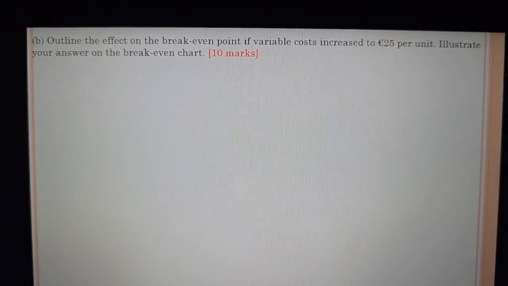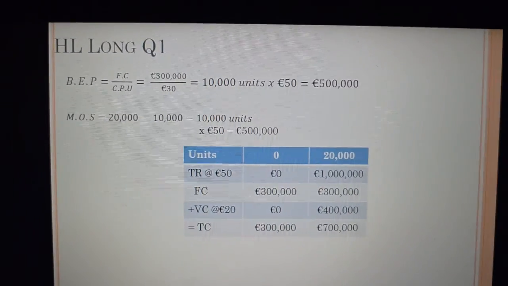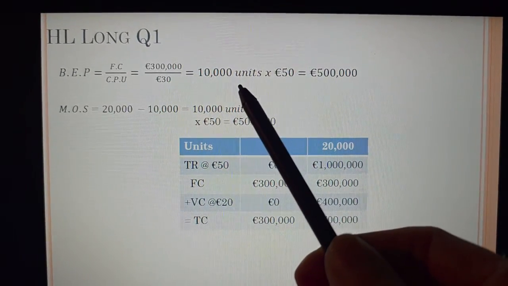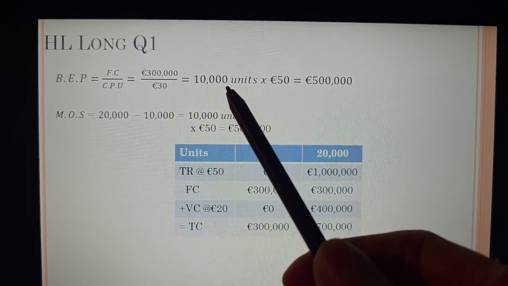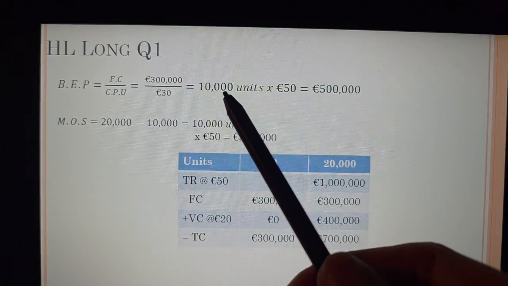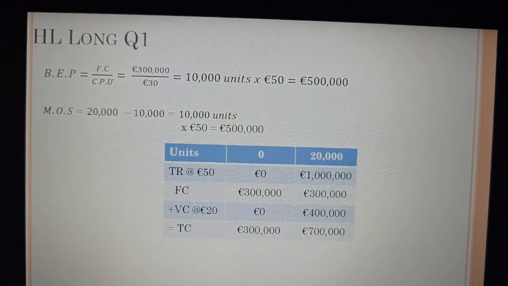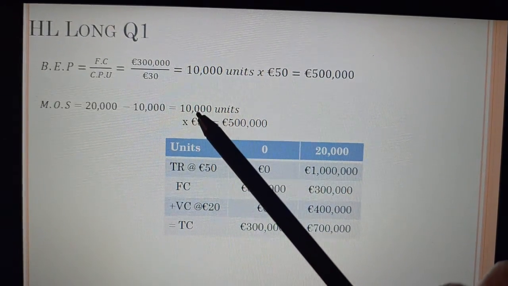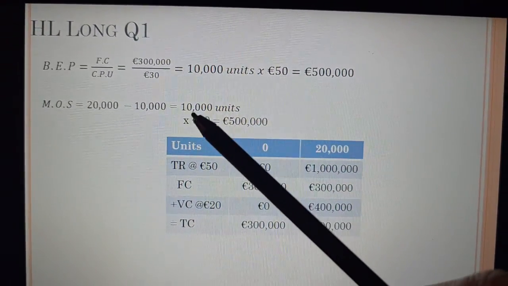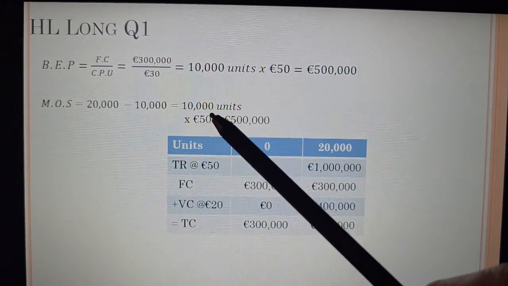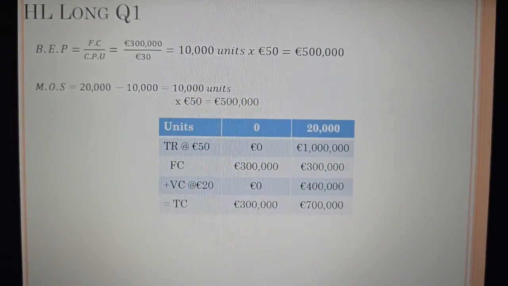So if I go back to part A, okay, it was 10,000 units was my break-even point. So now it's gone up to 12,000. So it's gone up by 2,000 units. So it's also going to have an effect on my margin of safety. The old margin of safety was 10,000 units. So I could have afforded to lose sales of 10,000 units and I would have still broken even.